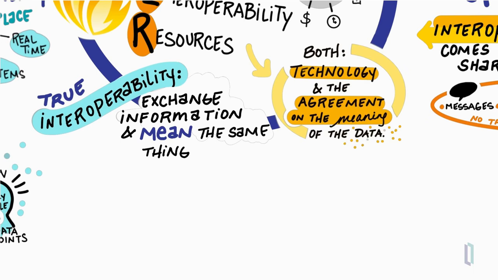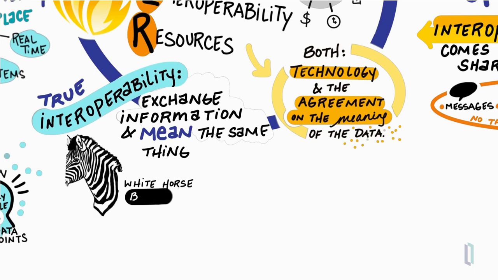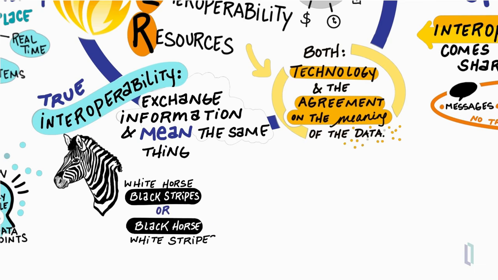As an example, let's say that 2 humans had never seen this animal before, and one of them says it's a white horse with black stripes. The other one says it's a black horse with white stripes. Well, they would figure out quickly that they mean the same thing, that they're referring to the same animal. But to a computer system, those are absolutely 2 different things. And the computer system cannot understand that those are the same thing.